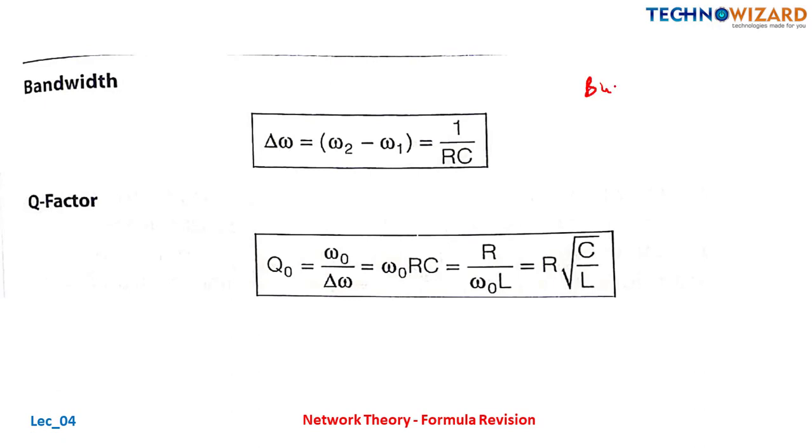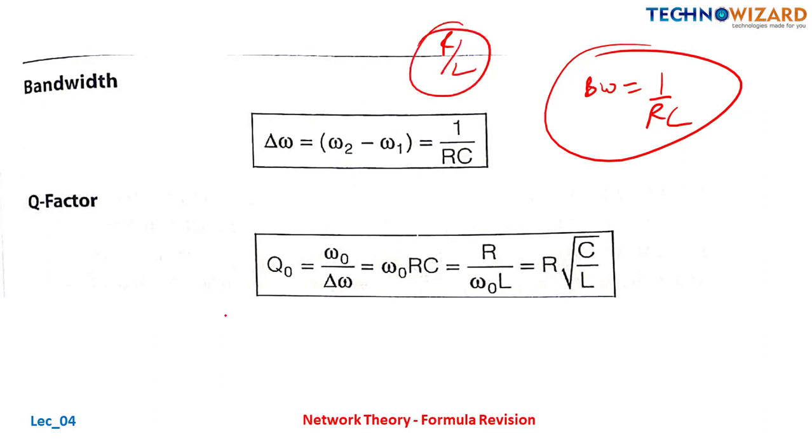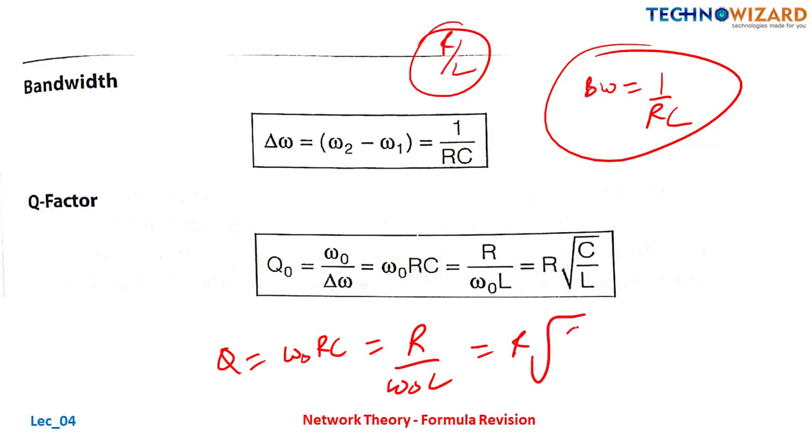Now next, bandwidth. Here the bandwidth is given as 1 upon RC for a parallel resonance circuit, and for series it was R by L. Now the quality factor for a parallel resonance circuit is given as omega naught RC, R upon omega naught L, which is equal to R root C upon L. For series resonance, I have already told you, but there was one mistake.